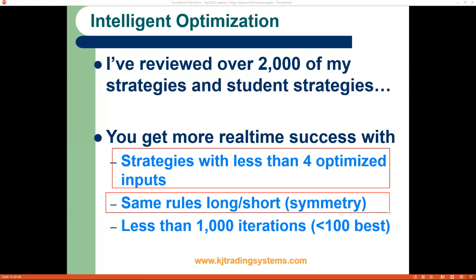The one exception to this, maybe 2 exceptions, would be stock index futures, which have a long bias because stocks go up, and possibly also interest rates, because, you know, the last 15 years, interest rates were going down, and that means most of the interest rate futures, the 30-year, the 10-year, they were going up because they go up inversely to interest rates.